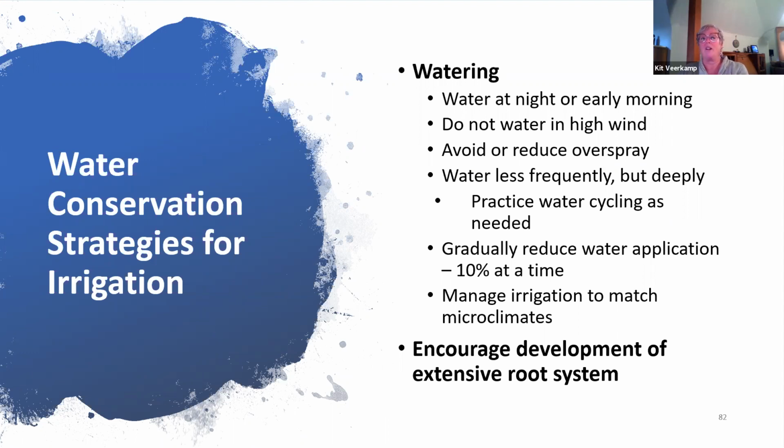You want to water less frequently but more deeply in order to encourage deep rooting systems. A lot of people just feel a need to water lawns every day. And what that does is it develops a very shallow rooted system, and the roots never feel a need to get down.